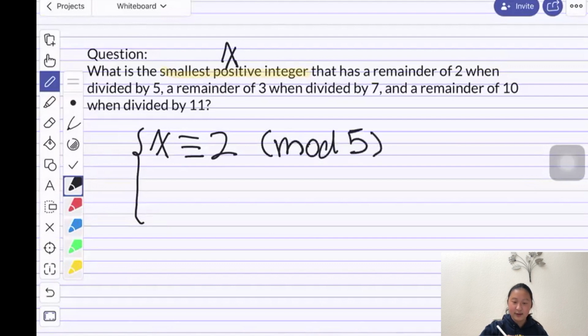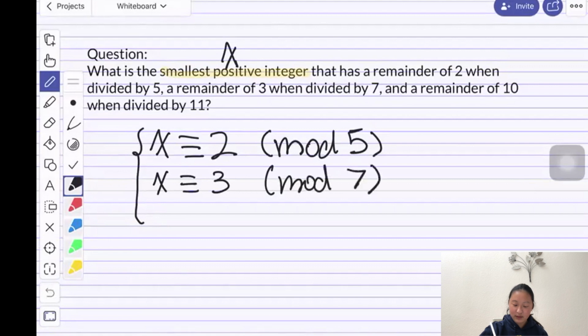And our second piece of information says that it has a remainder of 3 when divided by 7. So we write it as x is congruent to 3 mod 7. And our third piece of information tells us x has a remainder of 10 mod 11.